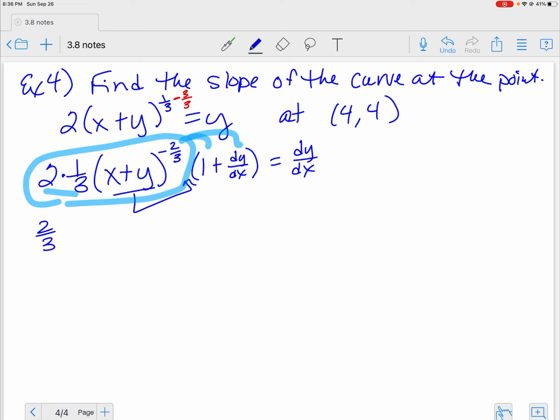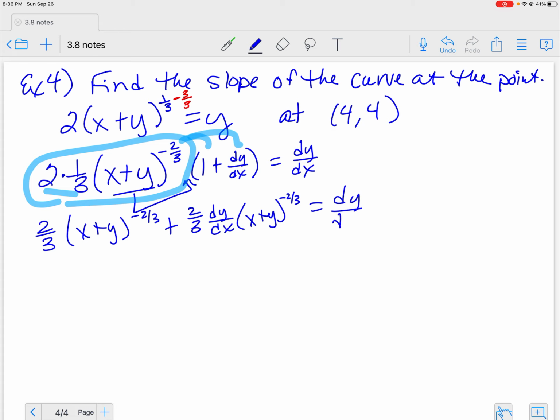So I've got 2/3 (x plus y) to the negative 2/3, because it's times 1, plus 2/3 here, dy/dx times (x plus y) to the negative 2/3, equals that dy/dx. This term has a dy/dx in it. This term has a dy/dx in it.